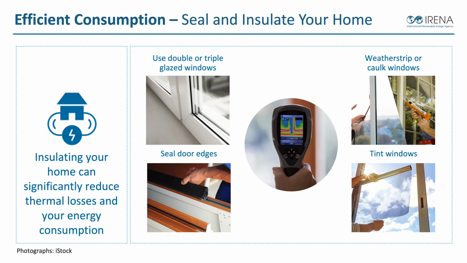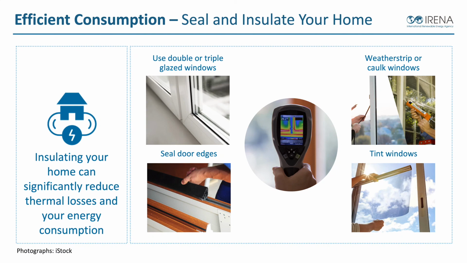So we can do things like using double or triple glazed windows and making sure we have the right cladding type to not conduct as much heat or cold through those windows. We can seal doors and door edges and door jambs so we don't have so much air moving through. We can weather strip or caulk our windows in order to make sure we tighten up that building envelope as best we can so we don't lose all that heat and cool that we're pumping in there.